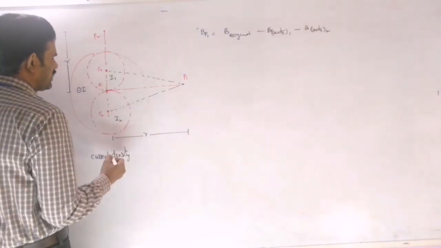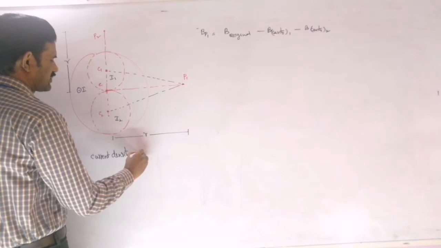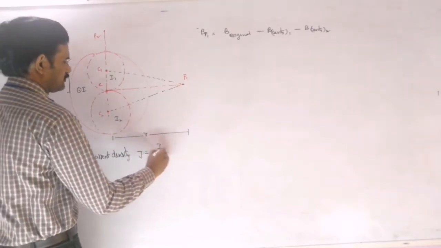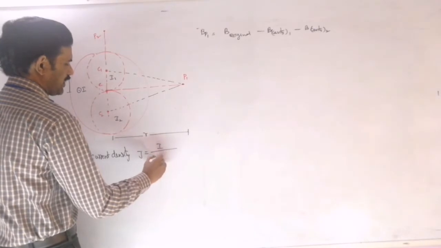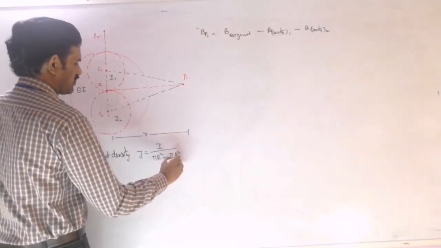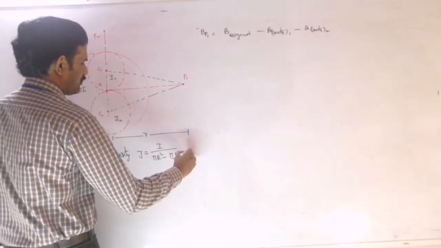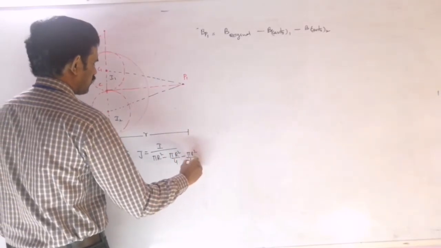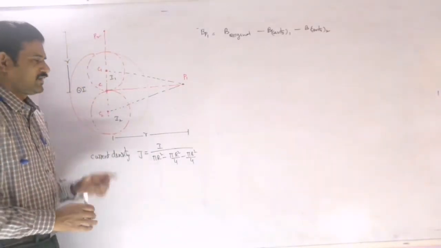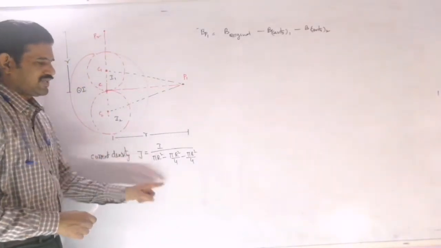So let us calculate the current density, so I can write J is equal to I by pi R square minus pi R square by 4. Is it clear? Current density. This current I is flowing only in this area.